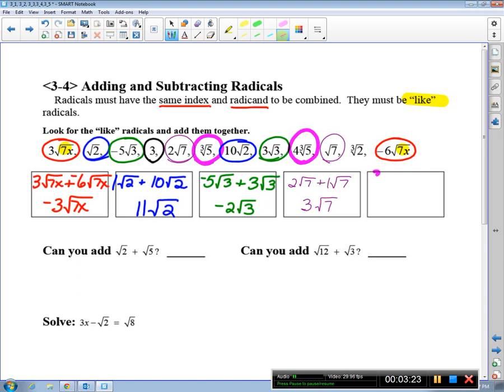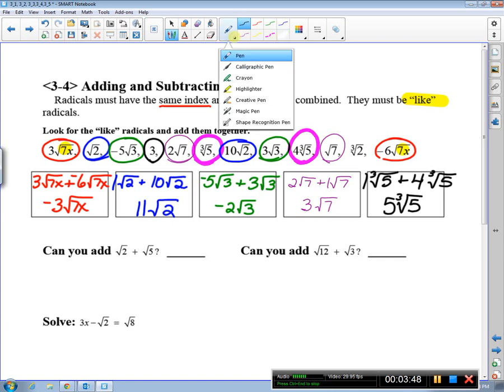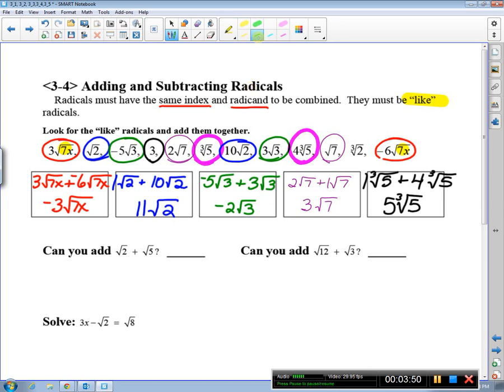Cubed root of 5 plus 4 cubed root of 5, since there's a 1 here, is 5 cubed root of 5. And our cubed root of 2 was the last one here, and there are none like that cubed root of 2, so nothing adds to that.